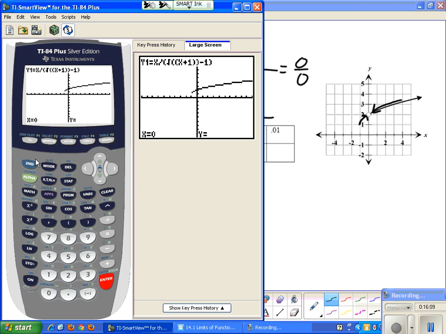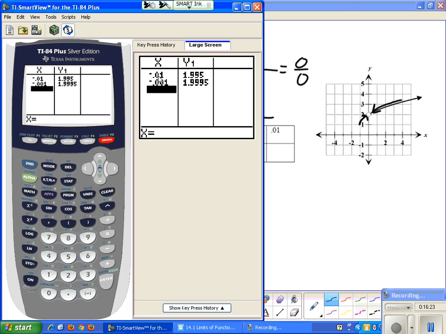Now, if I do my x values as x approaches from the left side, which means we want negative values towards 0, we can do negative 0.01, negative 0.001, negative 0.0001.